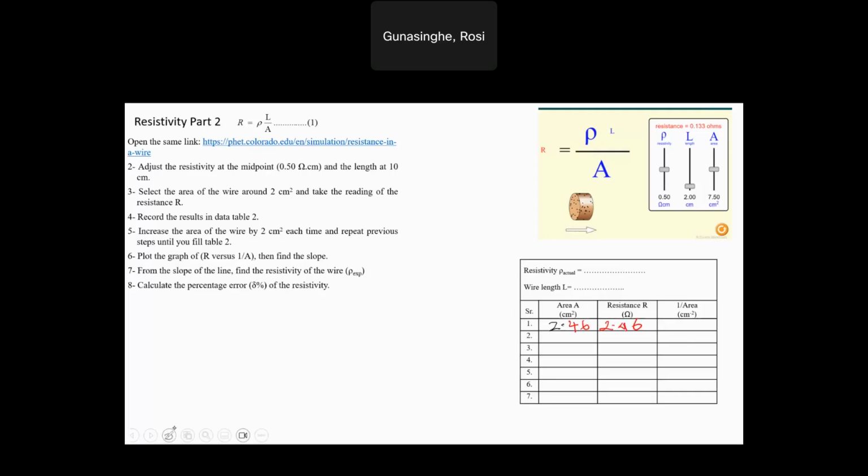The area was 2.02 square centimeters. And you can select other values as well for different areas and collect different resistances.